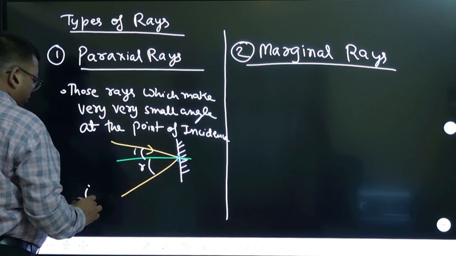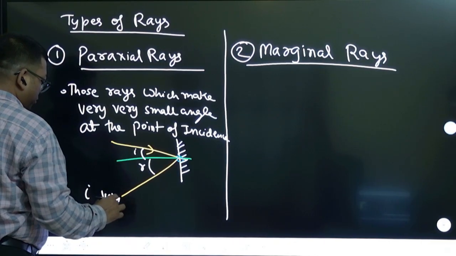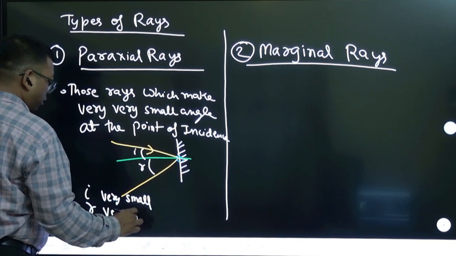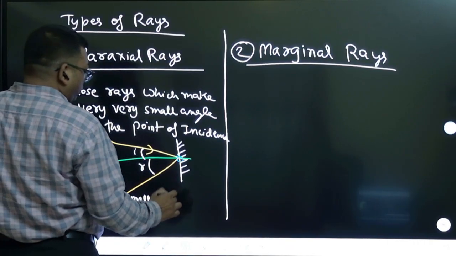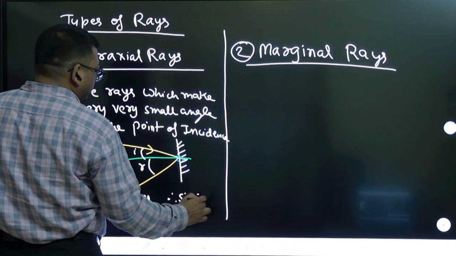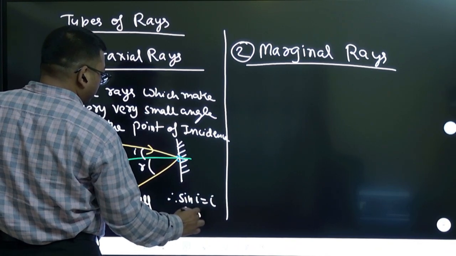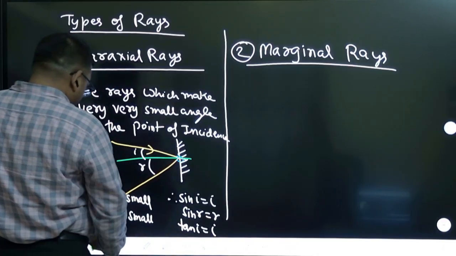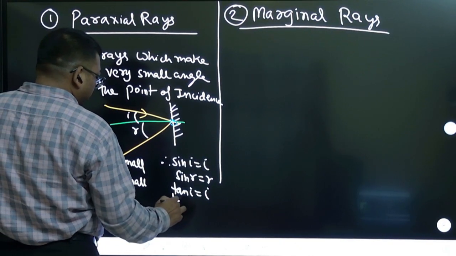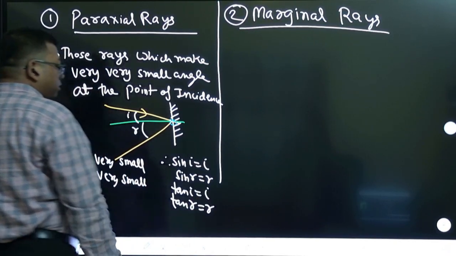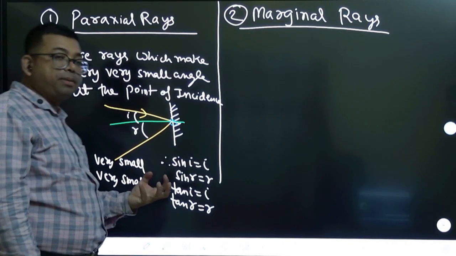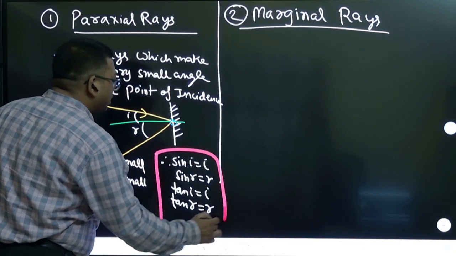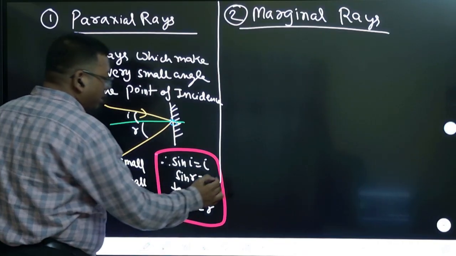So I is very very small, R also very small. How much is small? So much small that sin I can be written as I, sin R can be written as R, tan I can be written as I, tan R can be written as R. That's the idea behind the small angles, so that we can apply this approximation.